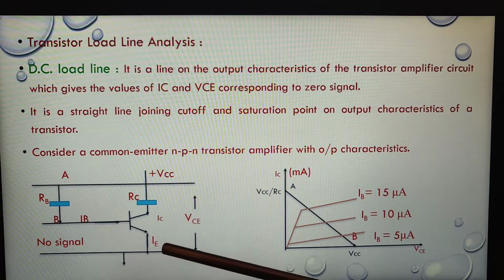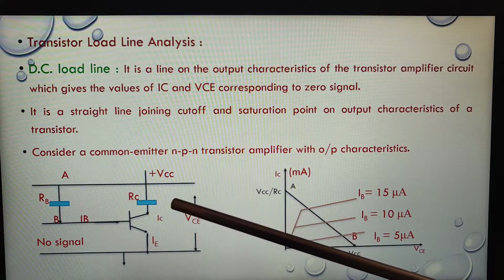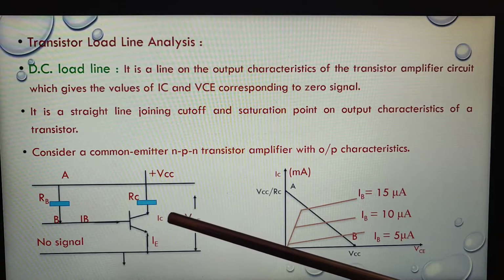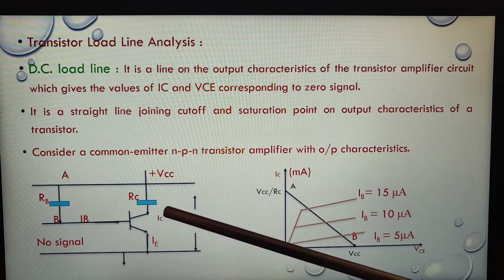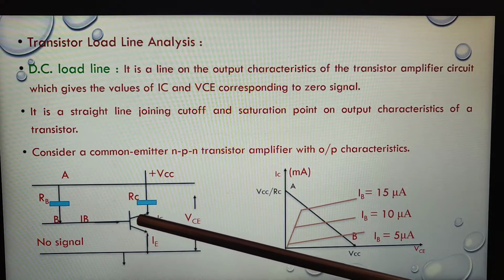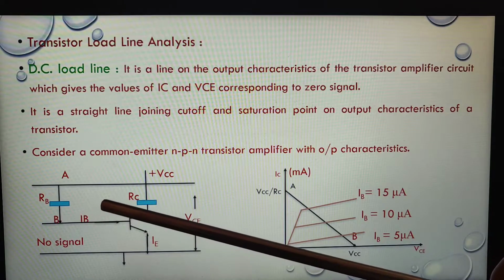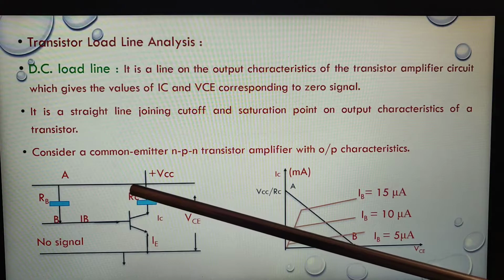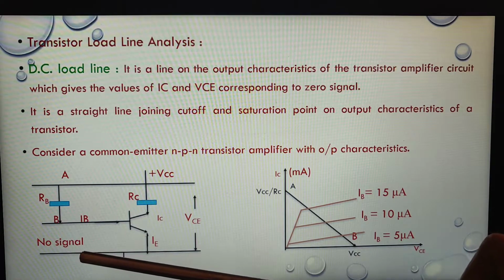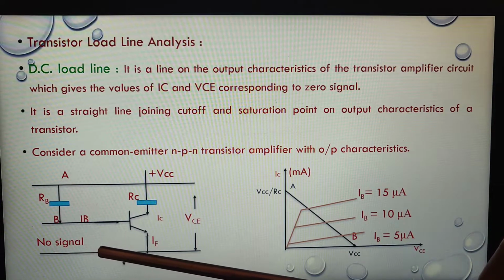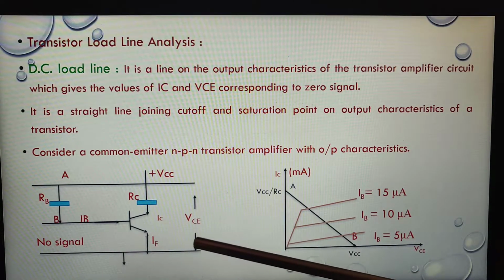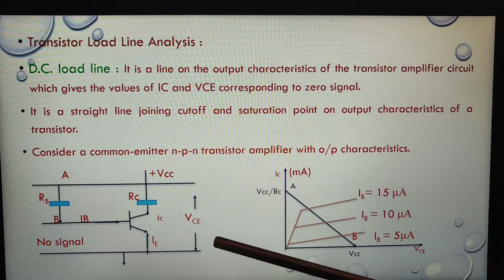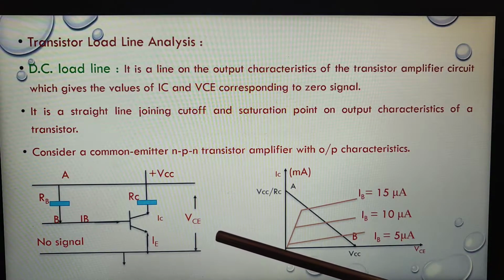So here plus VCC is applied to the collector and RC is connected to collector, that is collector resistor. Here RB is connected between base of the transistor and plus VCC. So here there is no signal applied as the input, and at the output we have to take VCE, that is collector emitter voltage.